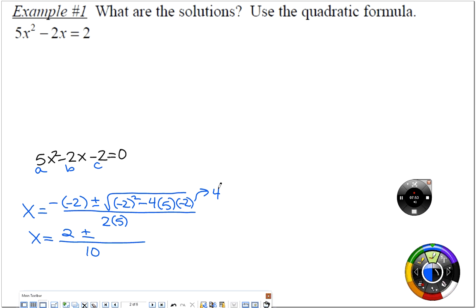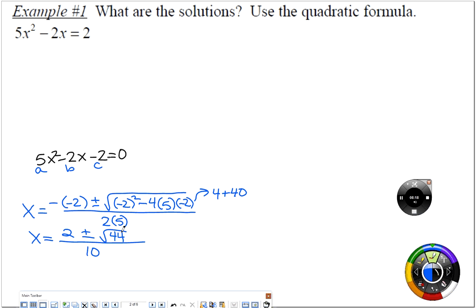Okay? And then 4 times 5 is 20 times 2 is 40. Right? Is this going to be 4 plus 40 or 4 minus 40? Plus. There's a negative here and a negative here, so when these three things are multiplied together, they'll end up being positive. Okay?